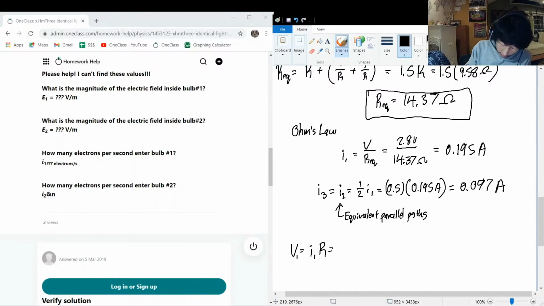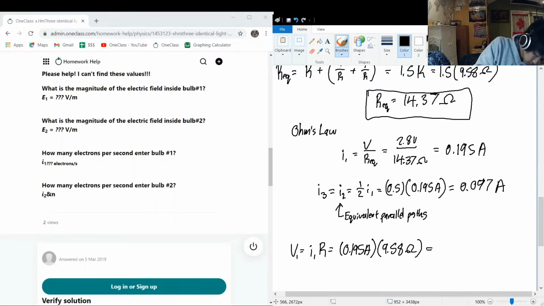And this will be equal to, I1 is going to be 0.195 amps. R is going to be 9.58 ohms. And the voltage for that is going to be times 9.58, is 1.87 volts.